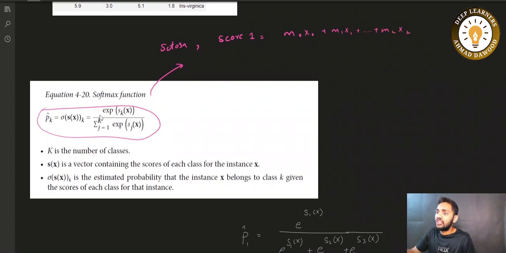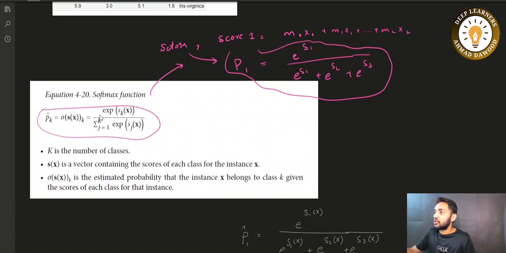And if you want to see the probability of belonging to the setosa category, it will be like this: e raised to power score 1 divided by e raised to power s1 plus e raised to power s2 plus e raised to power s3. Okay, this will be the probability of belonging to the setosa category.